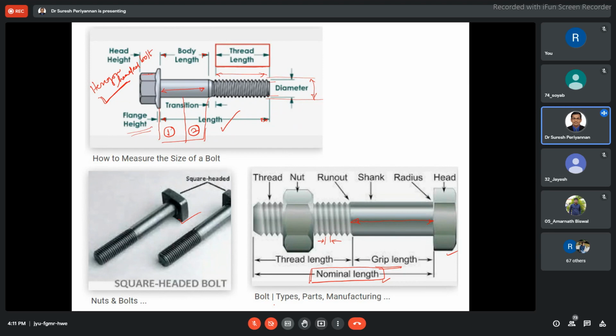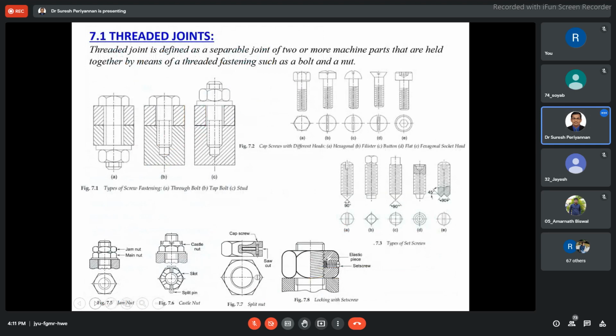Now we move to some basic types of screws, nuts and screws. See here the basic types of screw fastening. Now one by one.